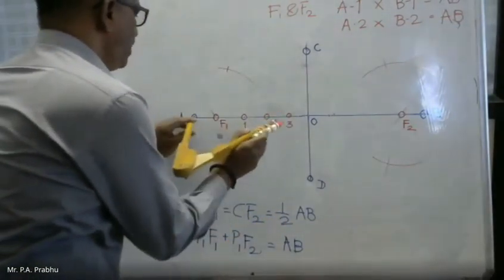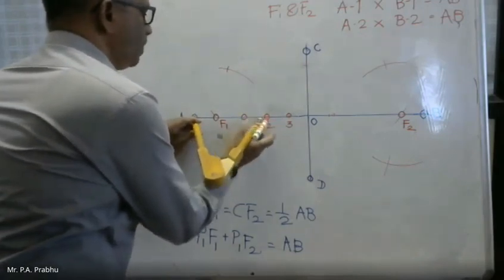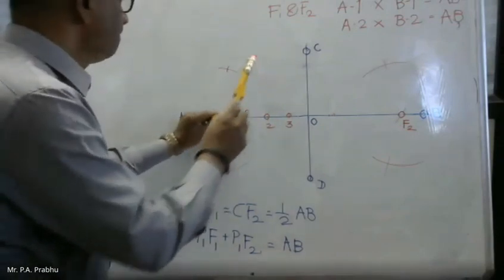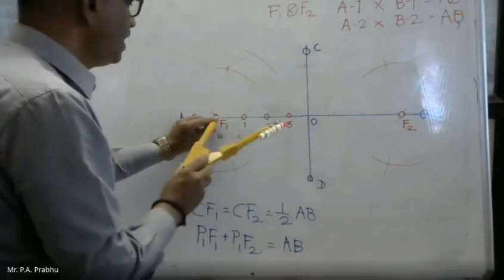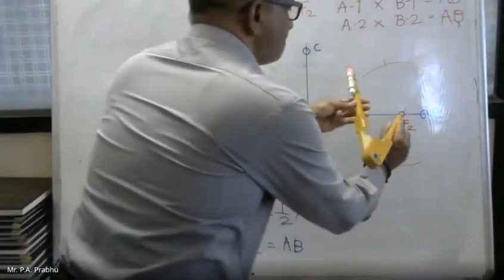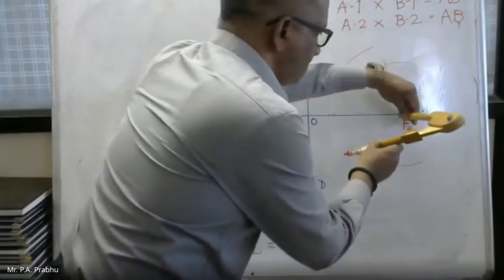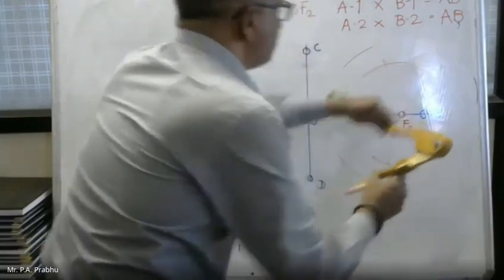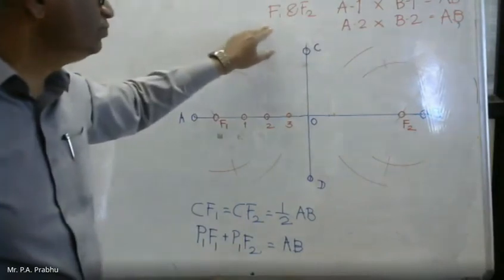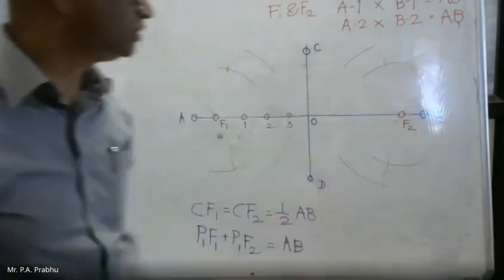Now take the second point, and the radius will be A2. Centers are F1 and F2. Again mark the arc in all four quadrants. First, I have taken a radius A2. I have used the centers F1 and F2, and I have marked this arc in all four quadrants.